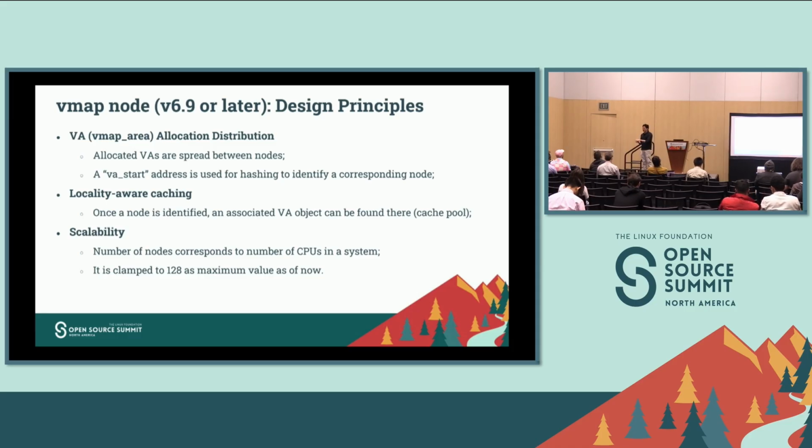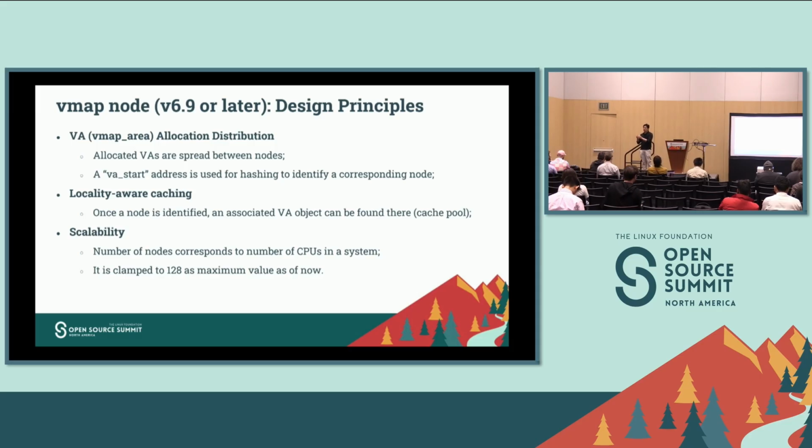The short answer is that there's no relationship between the vmap node and the NUMA node. The vmap node is just an abstraction to describe how many vmap nodes we can support in the Linux kernel.